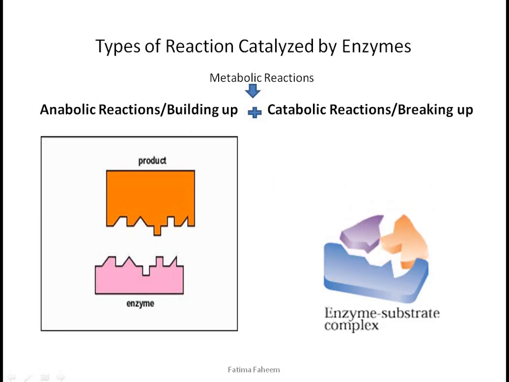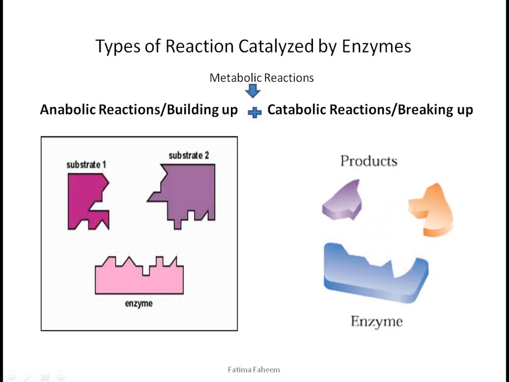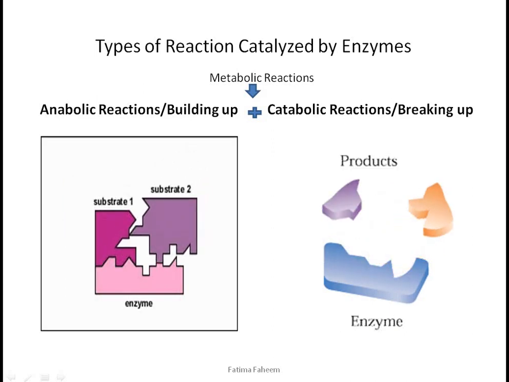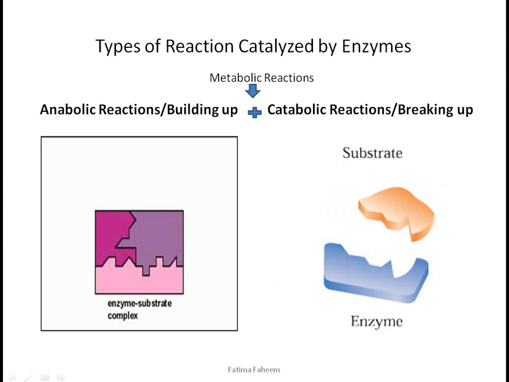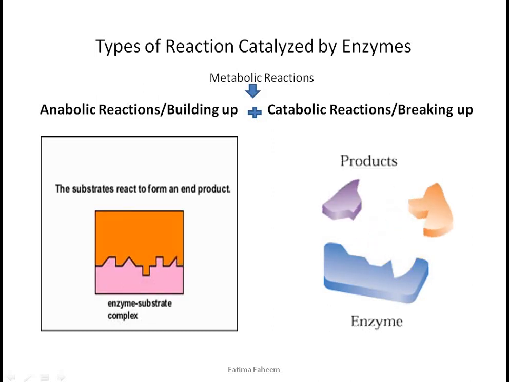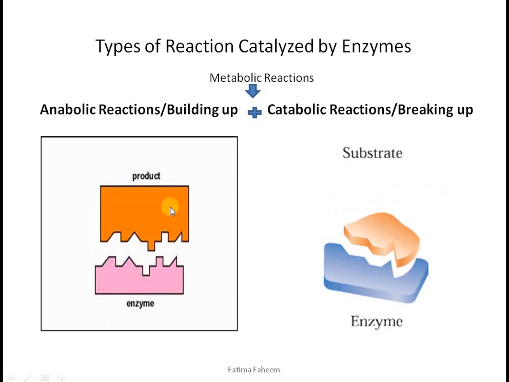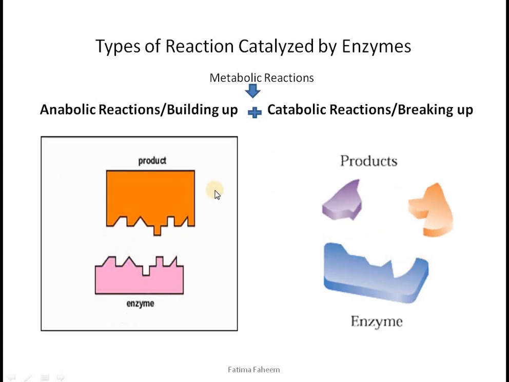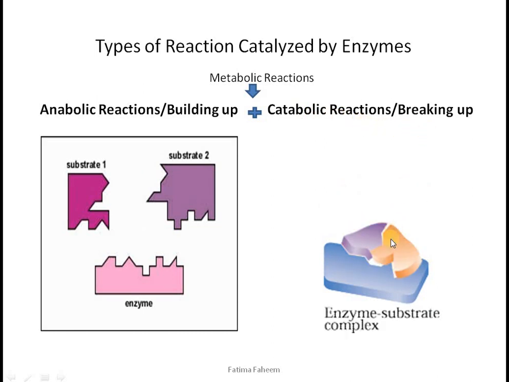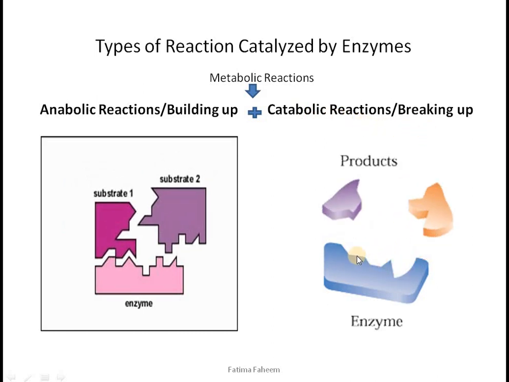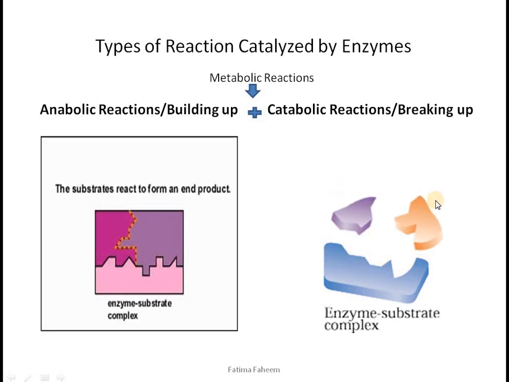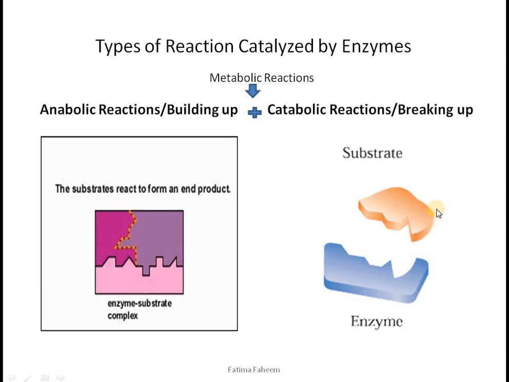So what we got to know is that in anabolic reaction, simpler or small compounds are fixed into the active site of the enzyme, and after the reaction a bigger molecule is formed, which is known as product. On the other hand, in catabolic reaction, a bigger molecule is getting fixed into the active site of the enzyme and is breaking up into two components which are smaller in structure.